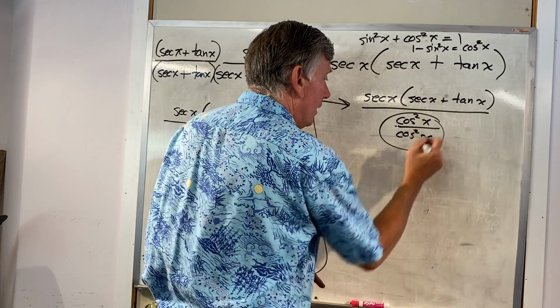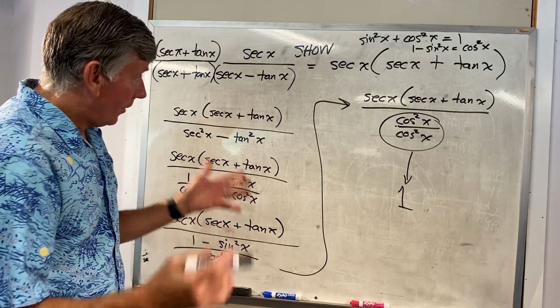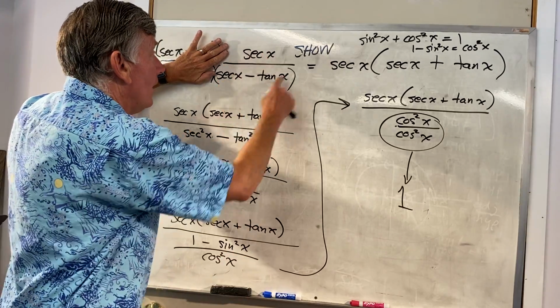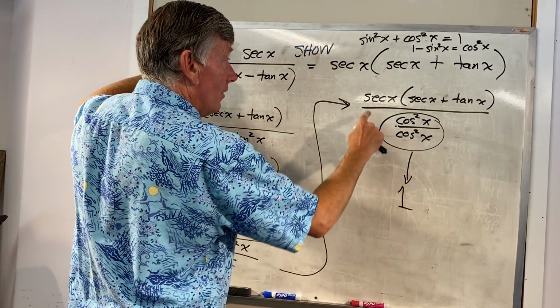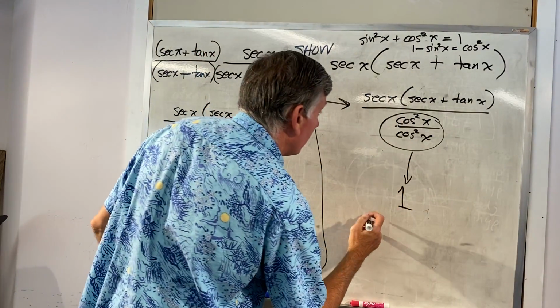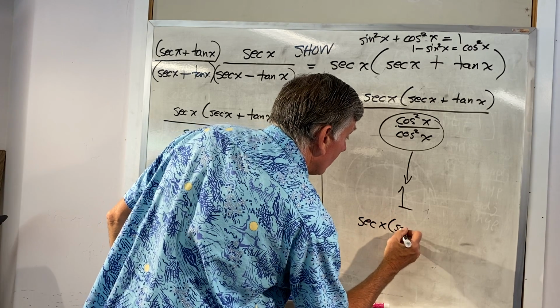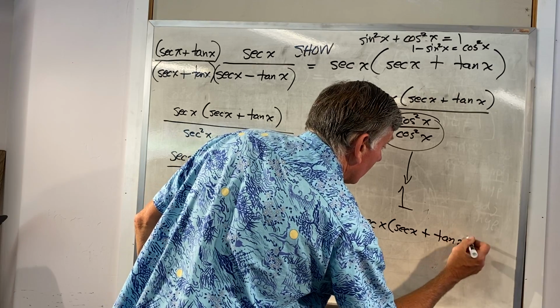And this whole thing here is 1. Therefore, I have shown that this is equal to this, because that's what I end up with. Let's just finally write that. That's equal to the secant of x times the secant of x plus the tangent of x.